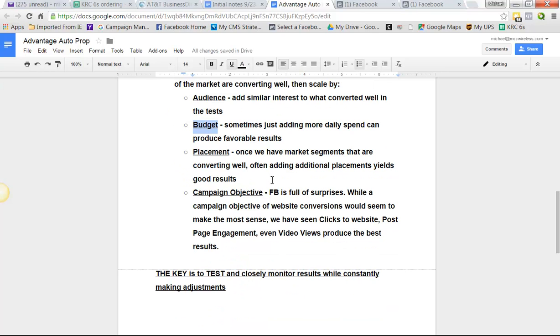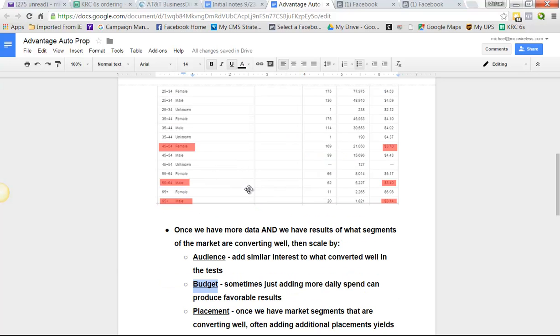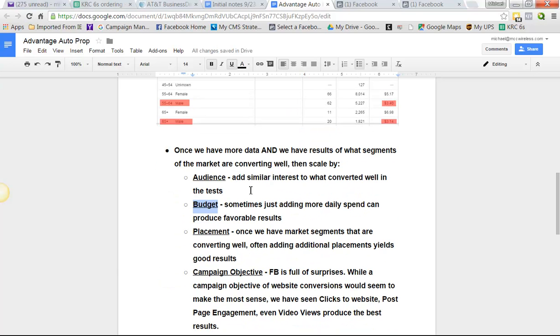I talked about placement before. Again, depending on the age, depending on several other things, if something is working well on mobile, especially for this age bracket, we definitely want to test desktop and right-hand column. And especially right-hand column is very cheap. And if we find a segment that is inexpensive here, we could, and you notice I'm using all these qualifiers, I don't know till we test it.